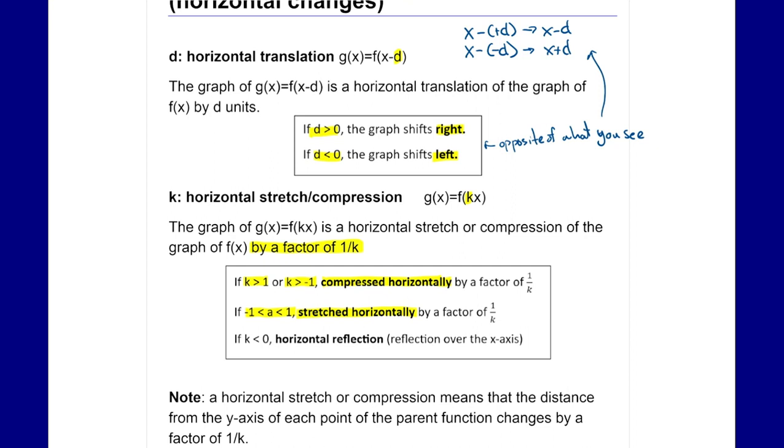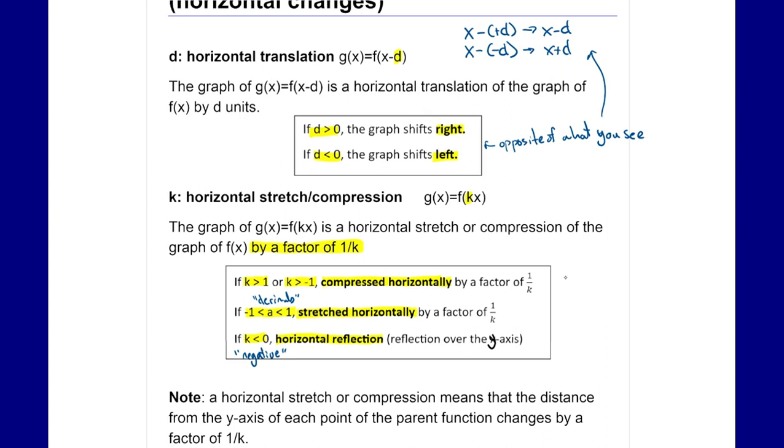And if it is a negative value or less than 0, there's a horizontal reflection, or it's reflected over not the x-axis, the y-axis. So again, just as some reminders, greater than 1 or less than negative 1, these are whole numbers. Between negative 1 and 1, we're looking for decimals. And when it's less than 0, it's negative, is what we're essentially referring to.